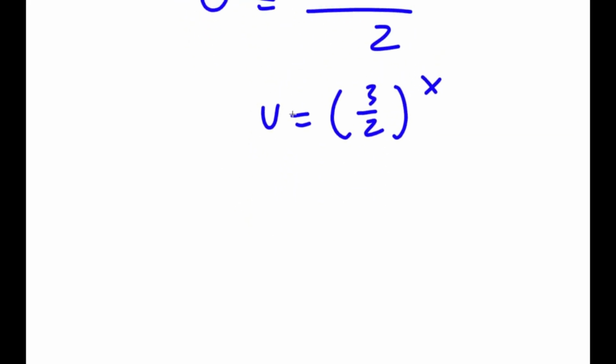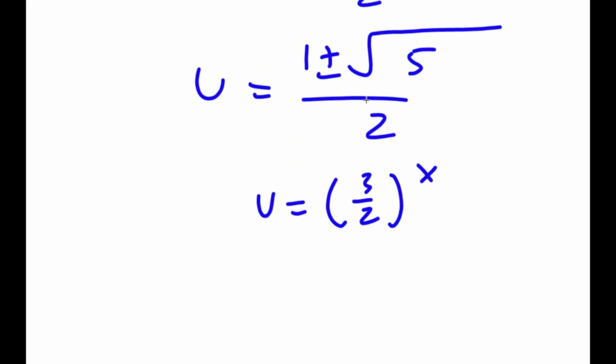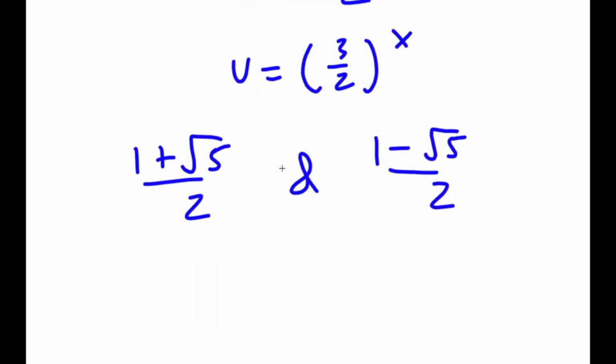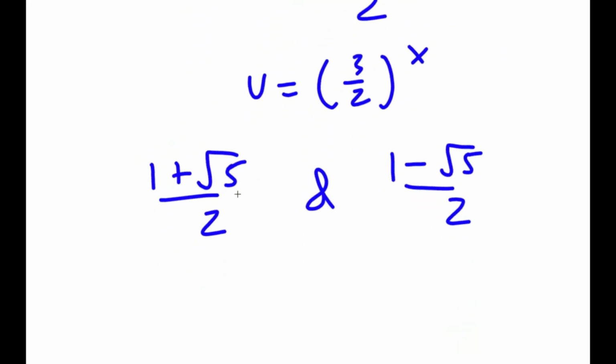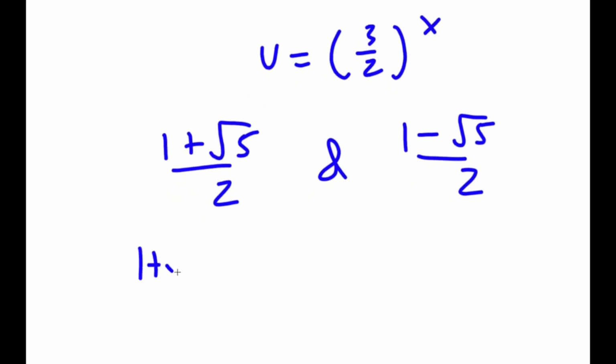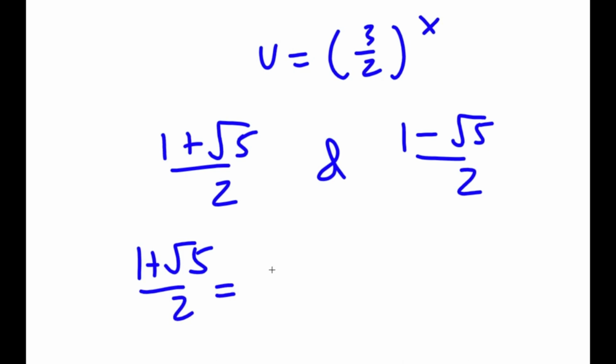So this is actually two solutions. We have 1 plus the square root of 5 over 2, and we have 1 minus the square root of 5 over 2. So let's start with 1 plus square root of 5 over 2. So I have 1 plus the square root of 5 over 2 is equal to 3 over 2 to the power of x.